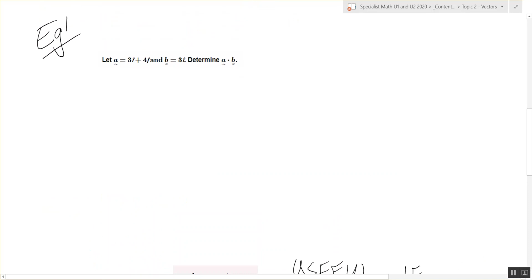So the x's in this one multiplied together, what are they? 3 and 3. Nice and easy. A dot B, so don't forget to write the rule.